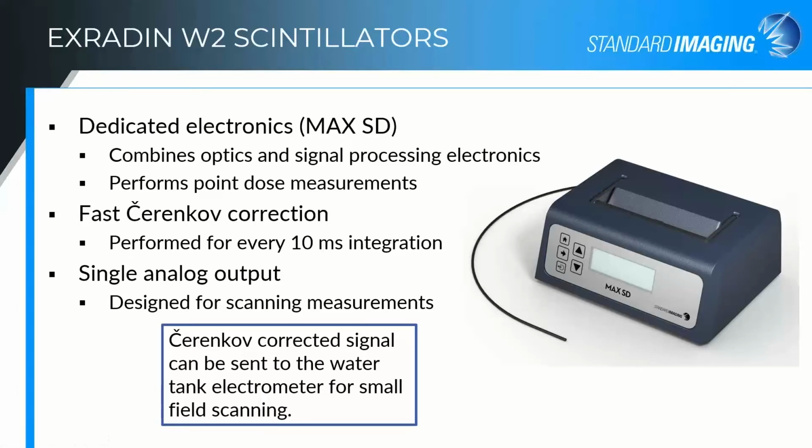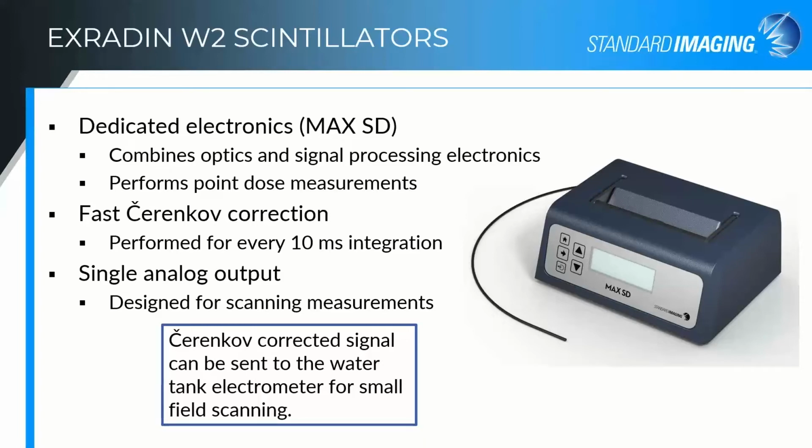Once you've saved your characterization values, it will apply the correction factors to your measurements to give you just the dose measured by the scintillation, the active scintillator at the end of the fiber. You can perform point dose measurements directly with the Max SD. You don't need another electrometer to use with that.